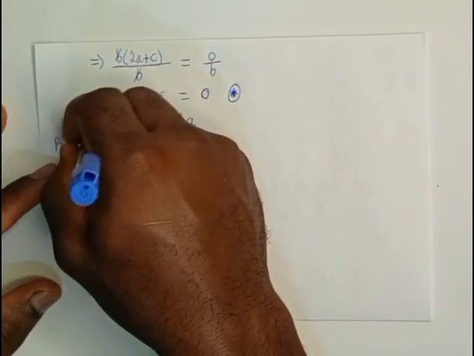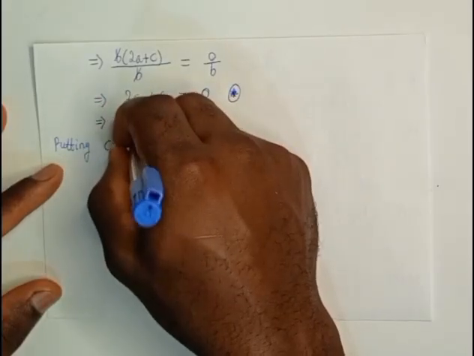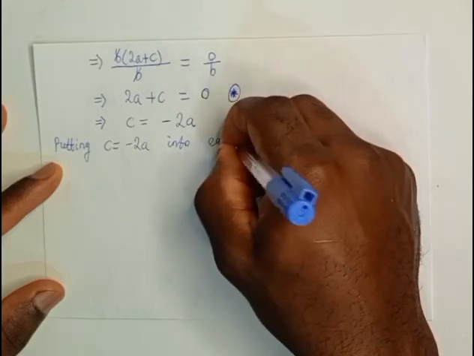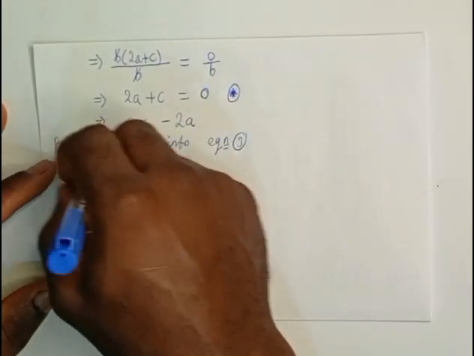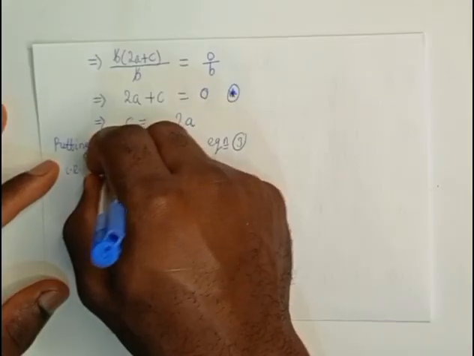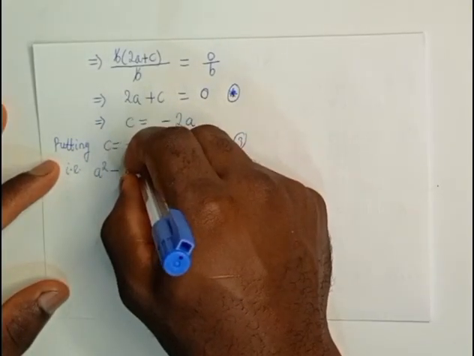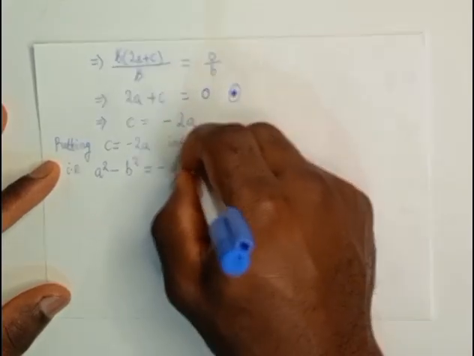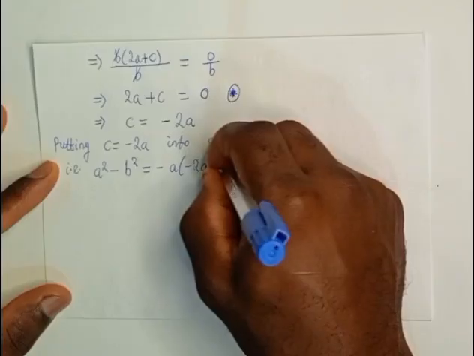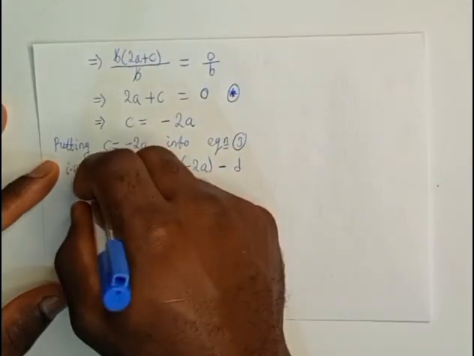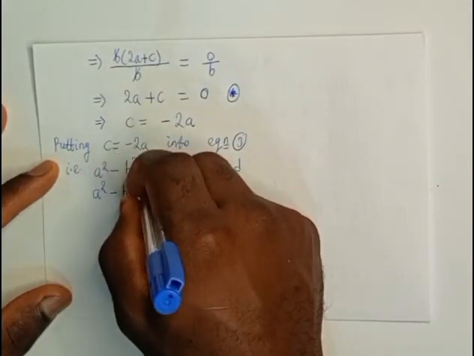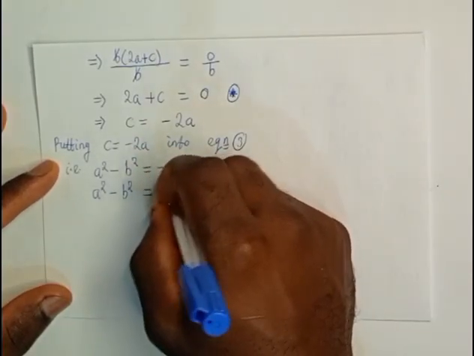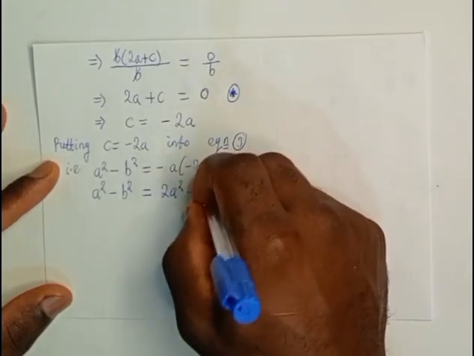Putting c equal to negative 2a into equation 3, this will give us a squared minus b squared is equal to negative a times, we replace c with negative 2a, minus d. This will give us a squared minus b squared is equal to negative a times negative 2a gives us positive 2a squared minus d.